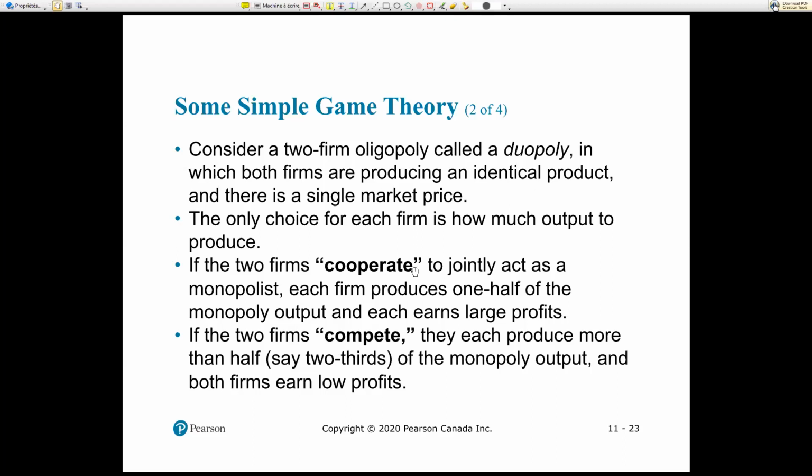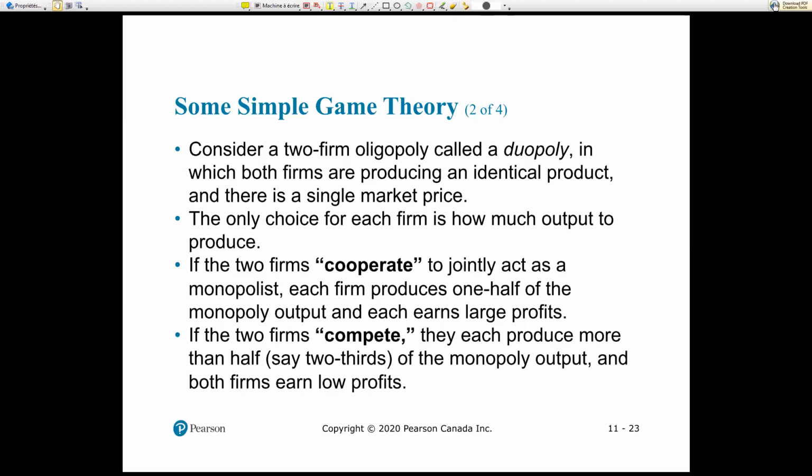So somebody has an idea of whether it's better to cooperate or to compete, just before we move on? Well, for the two firms, competing would be better because they'll make more money. Are you sure that if they both compete, they're going to both make more money? Oh, sorry, cooperate, sorry. Yeah. It seems like it's best to cooperate, right?